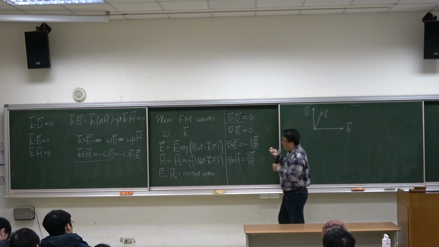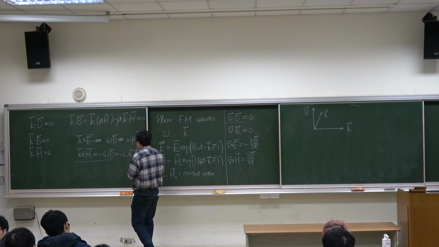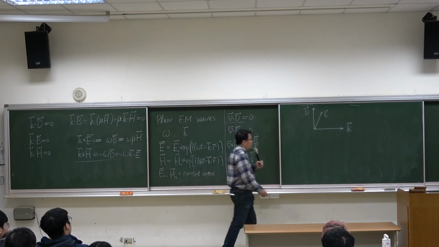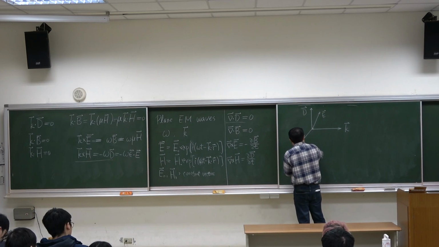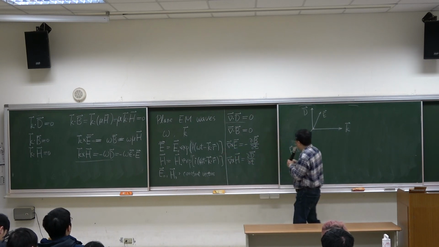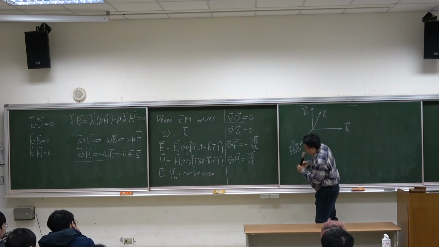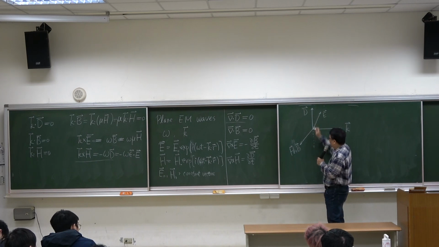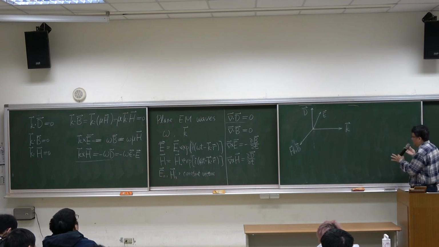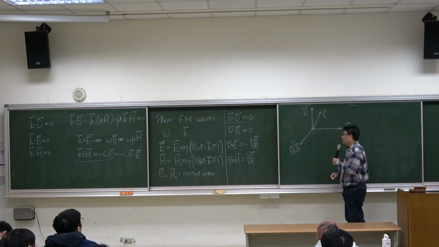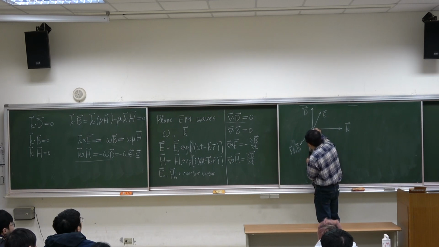And we know that k cross E is proportional to H. So we can draw the directions of H and B. And the final equation tells us that k cross H is along this direction, the direction of minus D. So now we have the final result: D is perpendicular to H, and k is perpendicular to H.